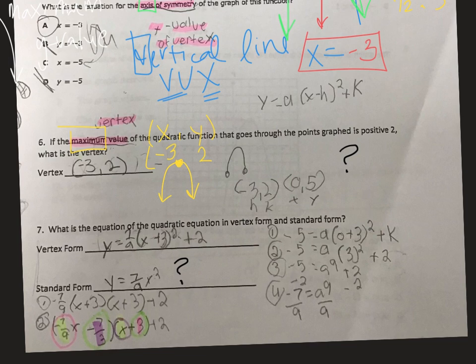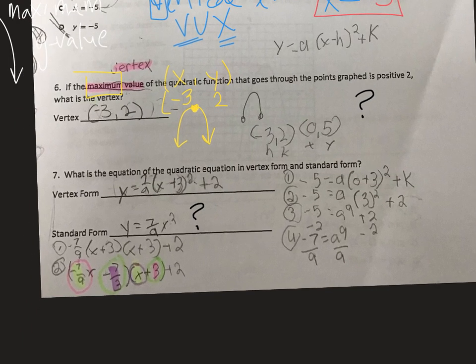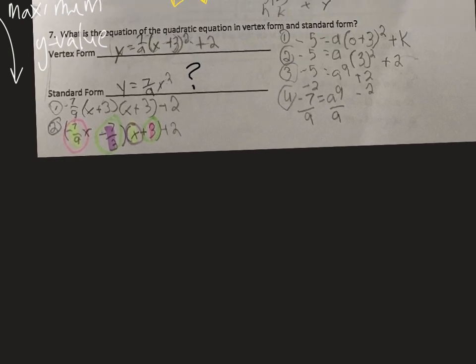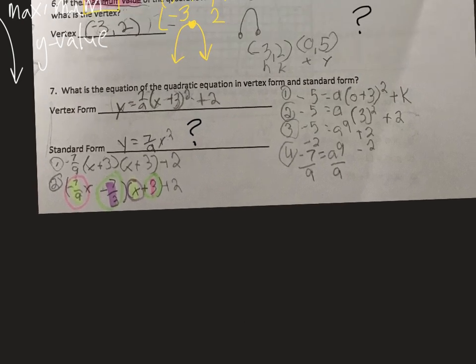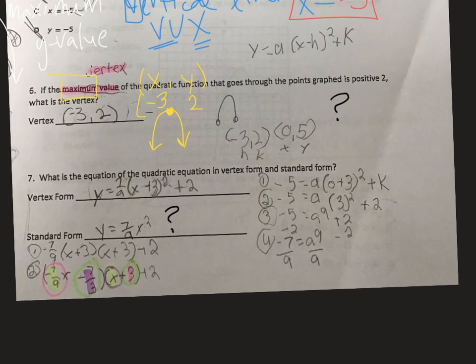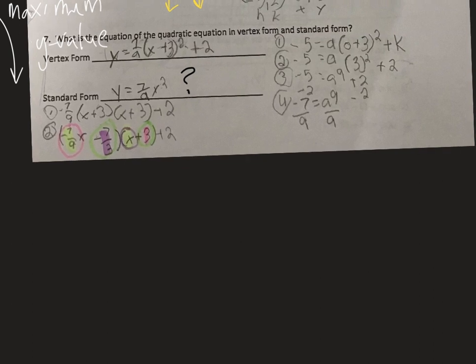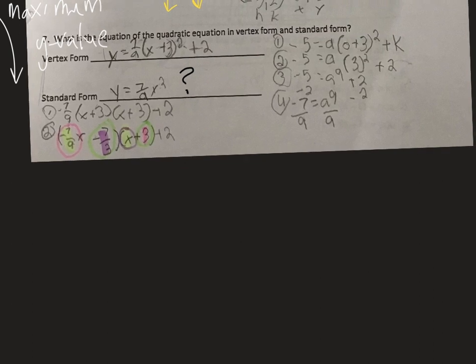Okay. All right, what is the equation of the quadratic equation in vertex form? I see you have the vertex form written right here. I'm just going to rewrite that. Now, keep in mind it's called vertex form. Why do you think it's called vertex form?